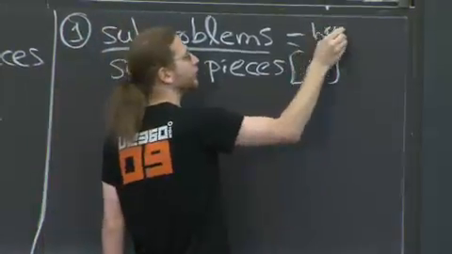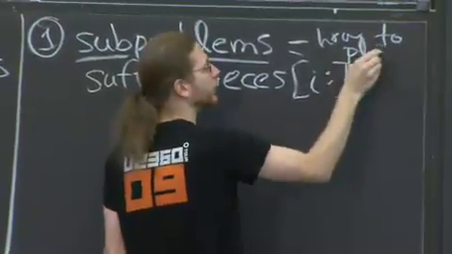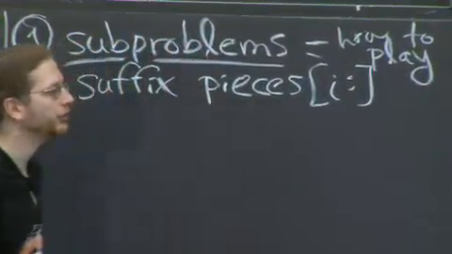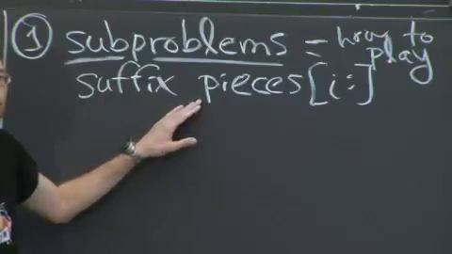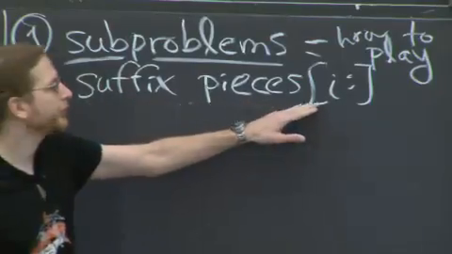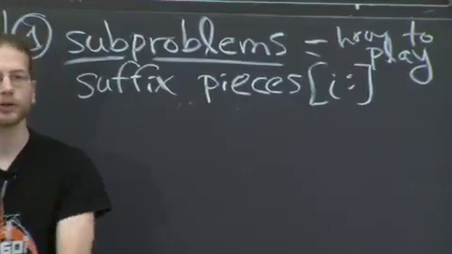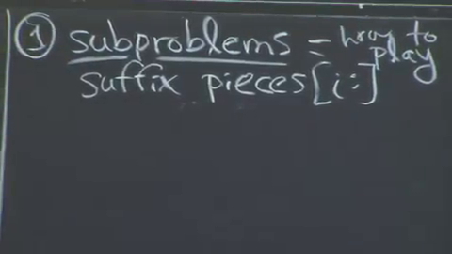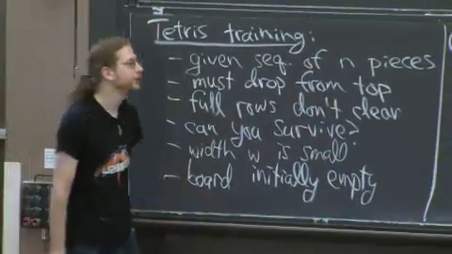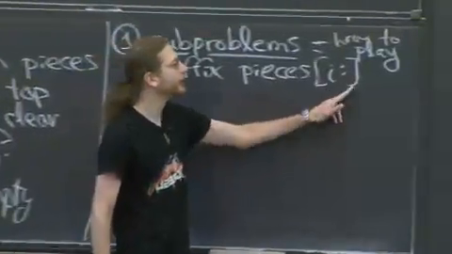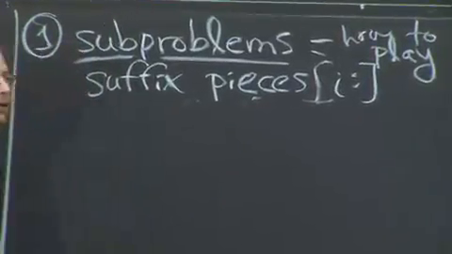And just like fingering, this is not enough information. Because if we're going to play from pieces I onward, what we need to know is what the board currently looks like. I said here, the board is initially empty. That's not going to be the case after you place the very first piece. So in general, after we've placed the first I pieces, we need to know what the board looks like.